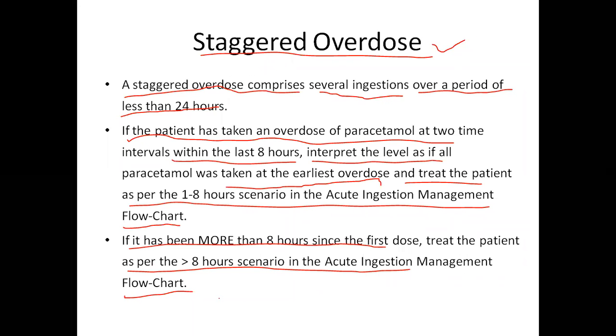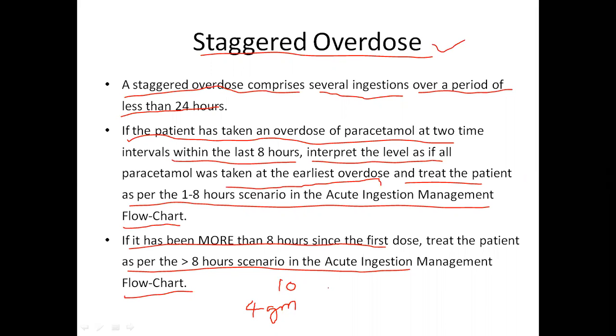Please follow me. Suppose one patient comes to the hospital with an overdose of paracetamol, and you know that he has taken around 4 gram of paracetamol, suppose at 10 o'clock in the morning.